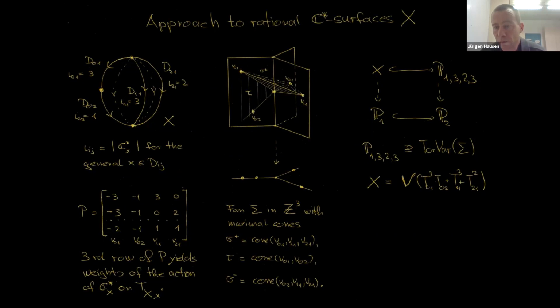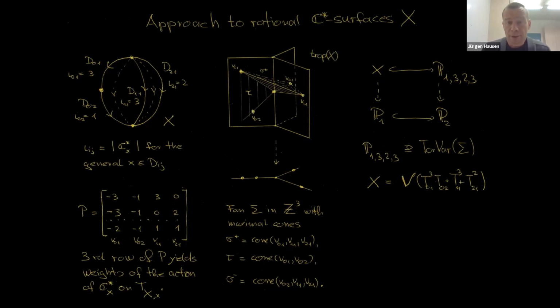It's T01 cubed, T02, T11 cubed, and T21 squared. These are exactly the numbers from the matrix, and if you look back into the picture, these are exactly the orders of the involved isotropy groups. So the exponents of the defining equations are strongly related to the geometry of X and its action.